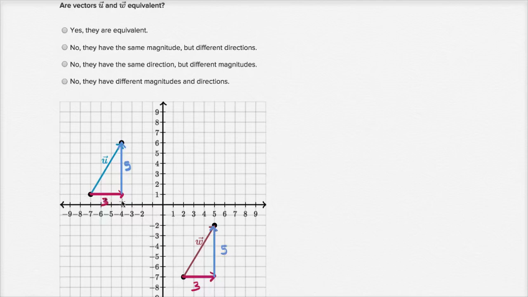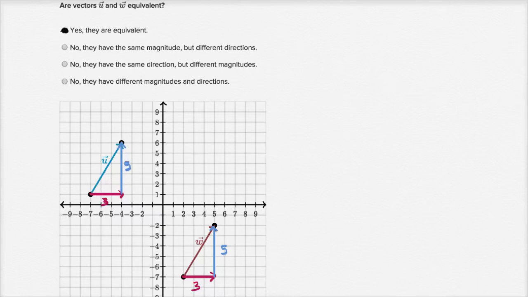So notice our change in x is the same. It's a positive 3. Our change in y is the same, positive 5. So that lets us know that we have the same magnitude and direction. And so these are equivalent vectors. And in fact, as we'll see in the future, you can actually denote a vector by its components.